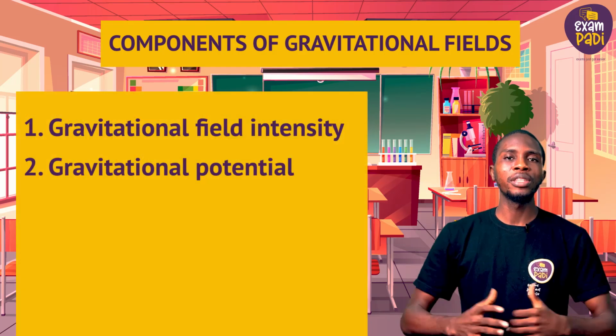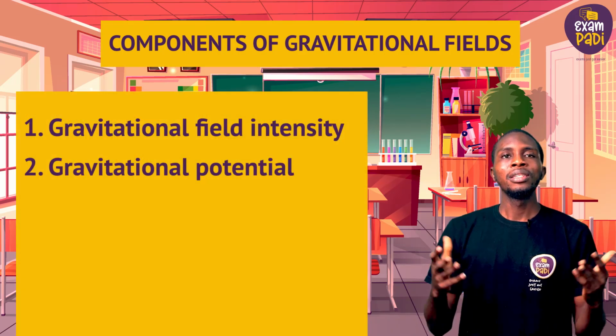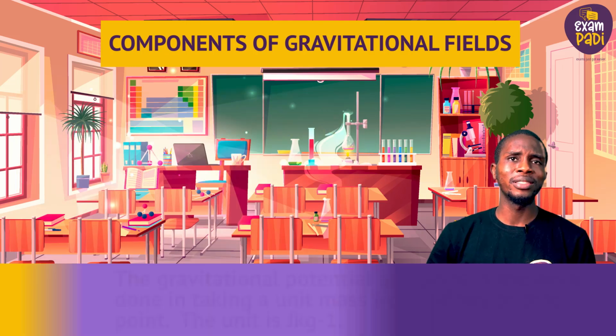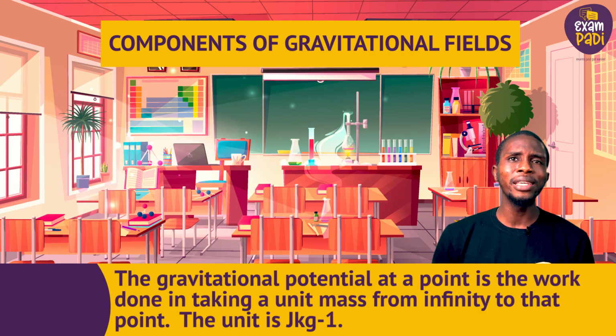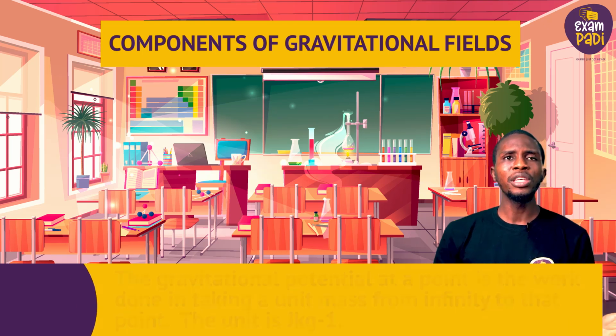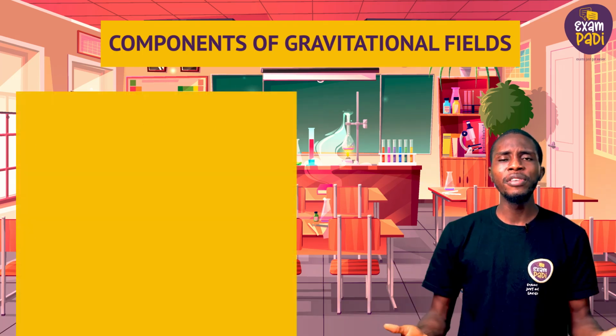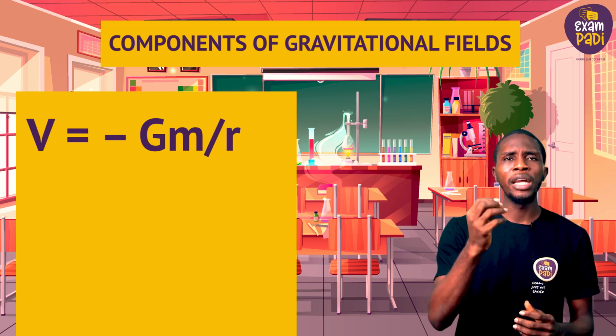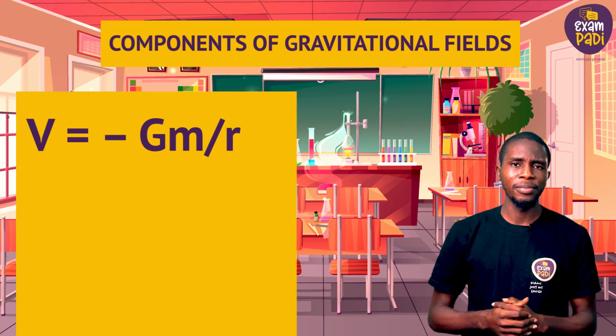2. Gravitational potential. The gravitational potential at a point is the work done in taking a unit mass from infinity to that point. The unit is joules per kilogram. The gravitational potential V is given by V = -GM/r.